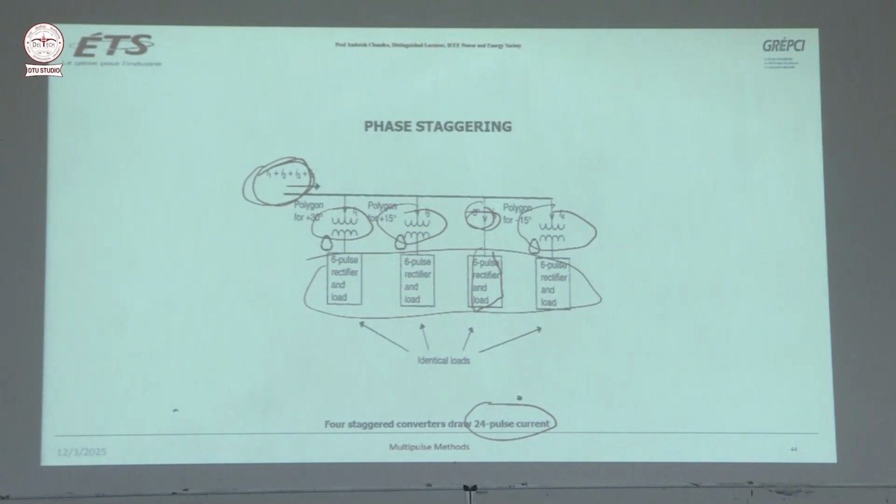But sometime what happens is that some converter is not working due to some reason, then the performance will not be that good in this, right? We are assuming that all the loads are there all the time. Suppose this is working and this is working, then it is fine, 30 degree phase shift.